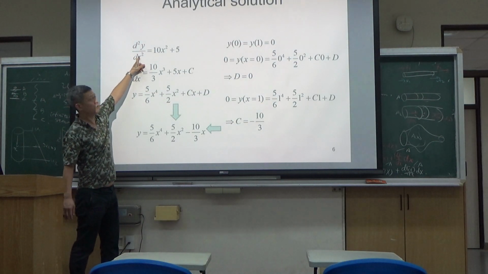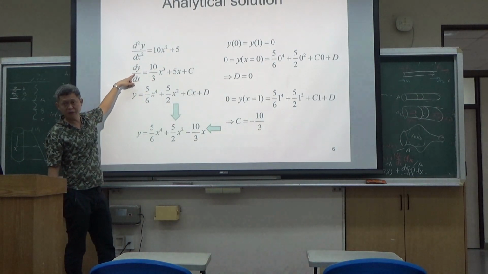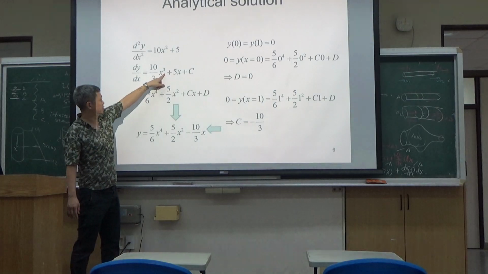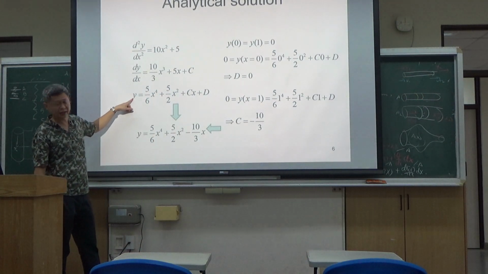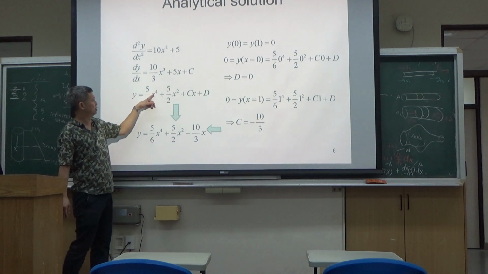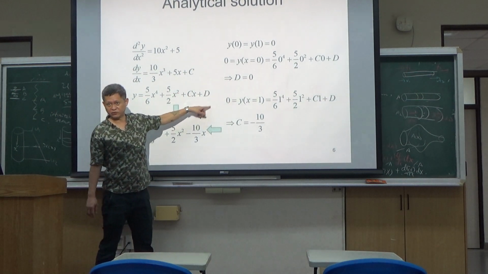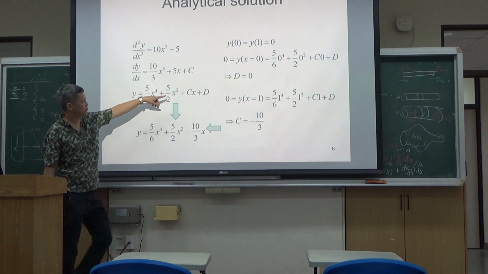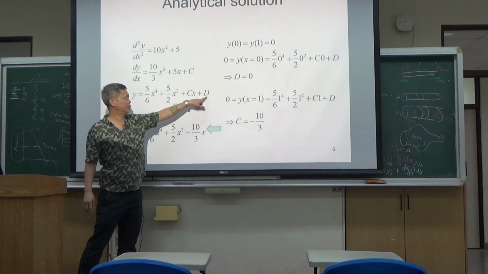If the second order derivative of y is equal to 10x squared plus 1, one-time integral will lead you to 10 over 3 x cubed plus x plus c. And the second integral will lead you to 5 over 6 x to the power 4 plus x squared over 2 plus cx plus a constant d. And how do you find the unknown coefficients c and d?